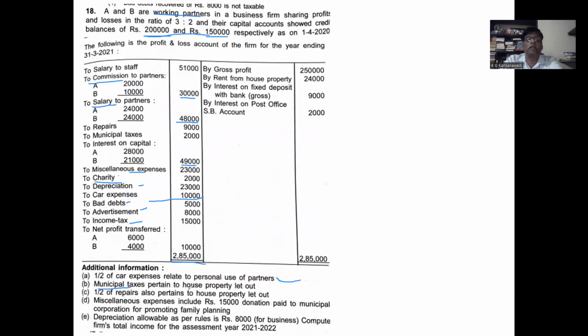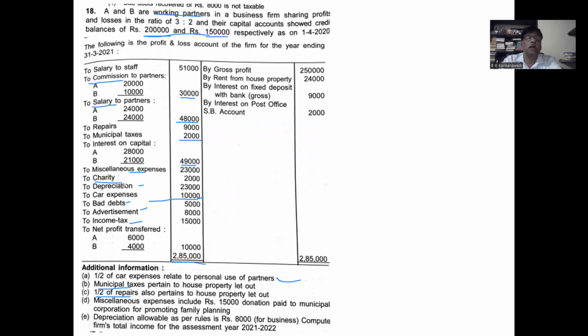Municipal tax pertaining to house property. So I already told it is allowable, but it is not related to business. So municipal tax 2,000 disallowed. Then half of repairs is pertaining to house property. So half of repairs is also disallowed.